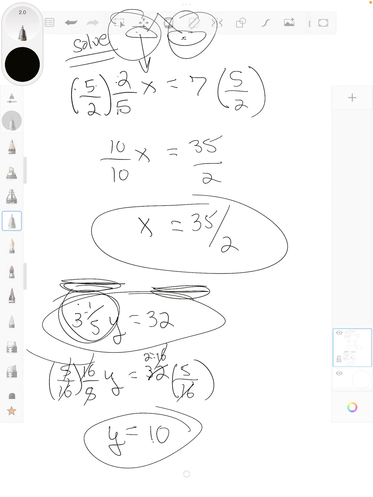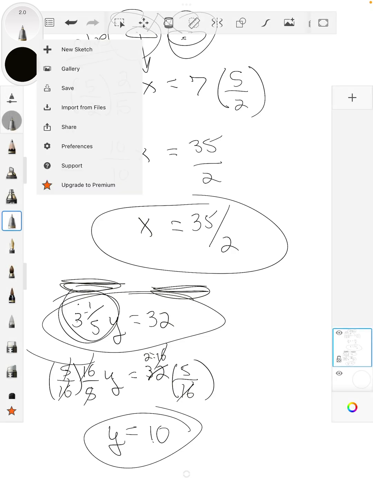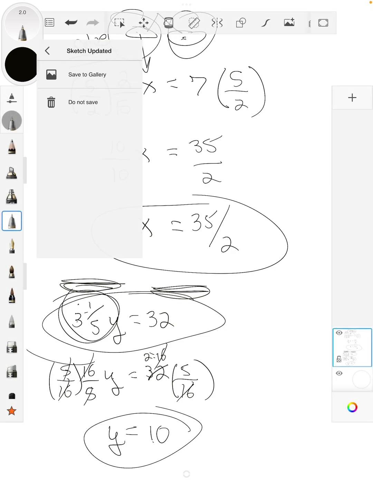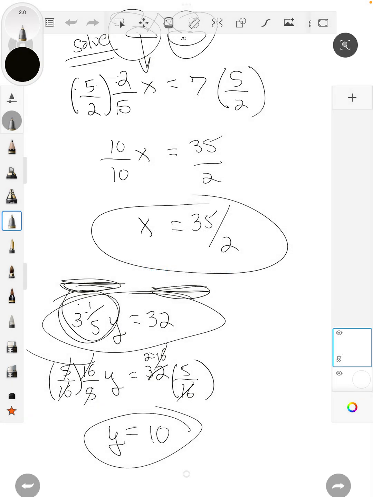Okay, one last review just to clarify one more time, because this is a very common mistake. Do not feel bad if you make this mistake, but fix it. There is a difference between, let's say, 2/3 plus x equals 7 and 2/3 times x equals 7.